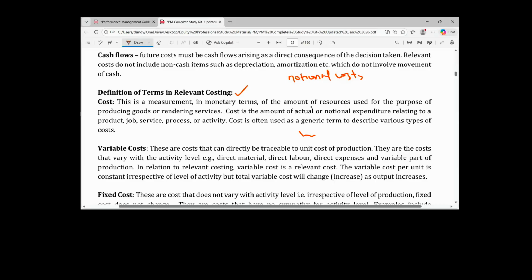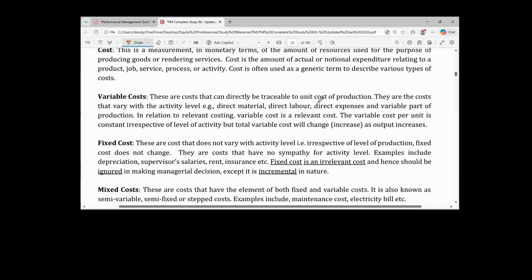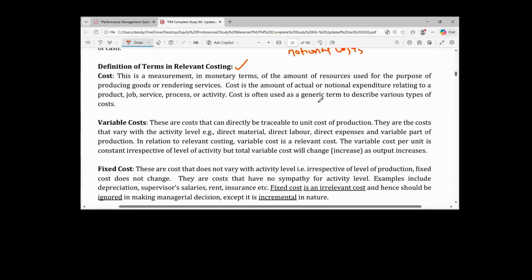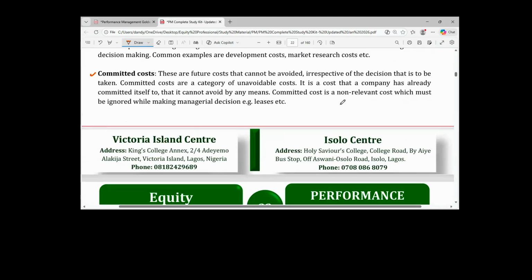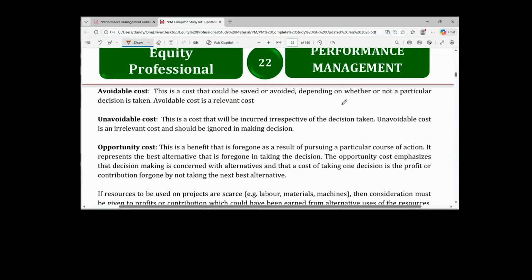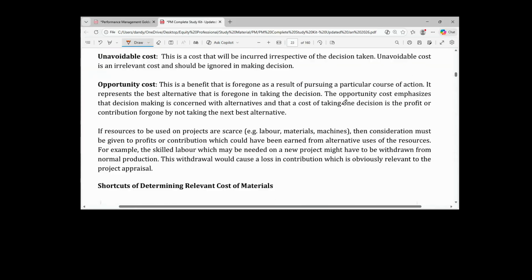You need to know all of these things because you can't be talking about relevant costing without understanding them. The examiner cannot be asking you what is cost, but you just have to go through all of them. They're in your notes. Read them through. They are pretty straightforward and simple.